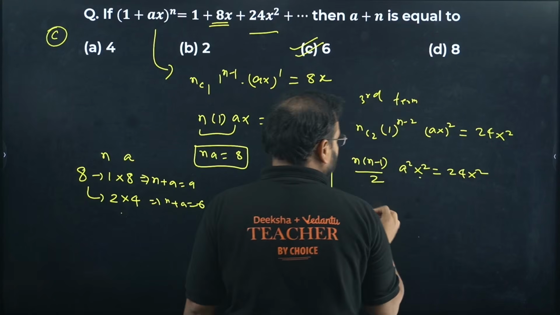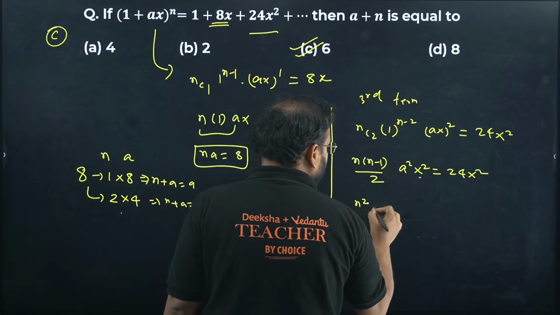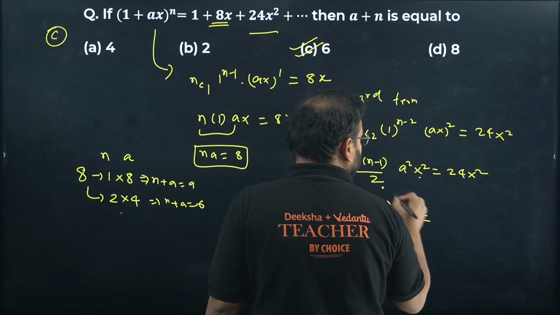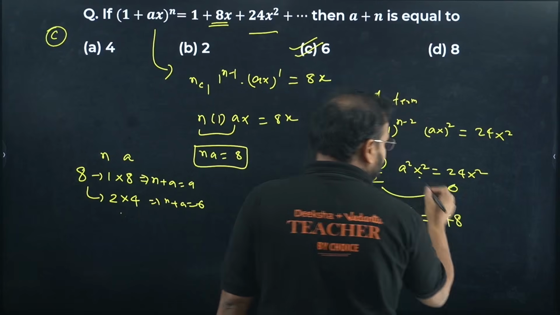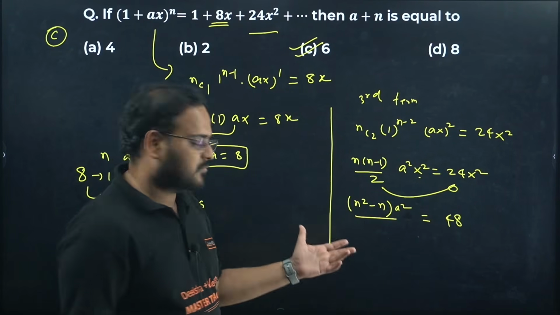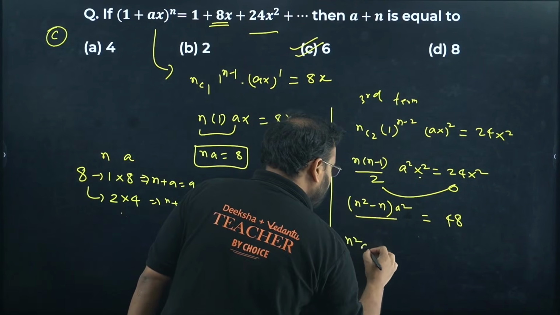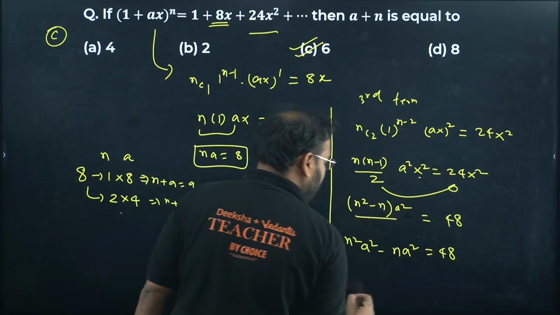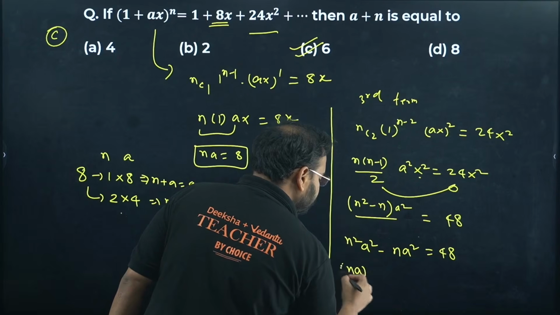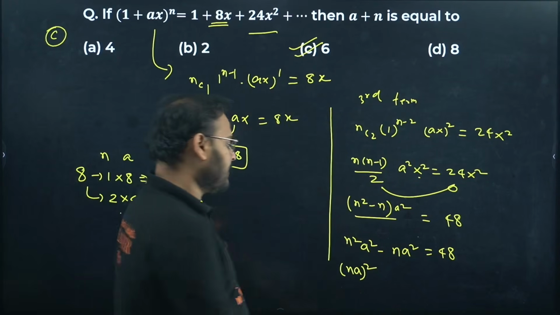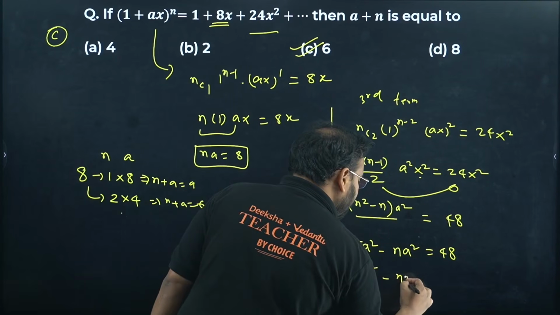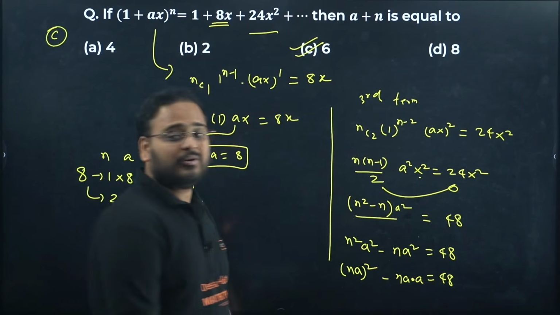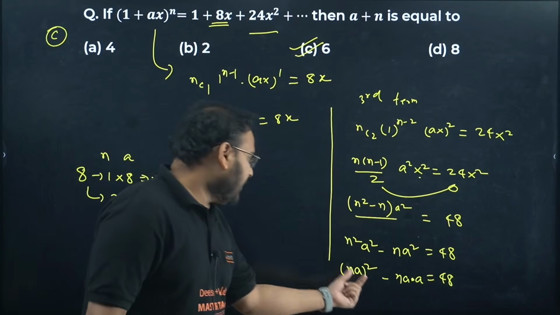Compare, and you get n square minus n, into a square. Move this 2 to this side and you get 48. I'm not writing x square, I'm just comparing n and a. You get n square a square minus n a square is 48. But check one more time: n square a square is nothing but n a the whole square, and here n into a equals 8.